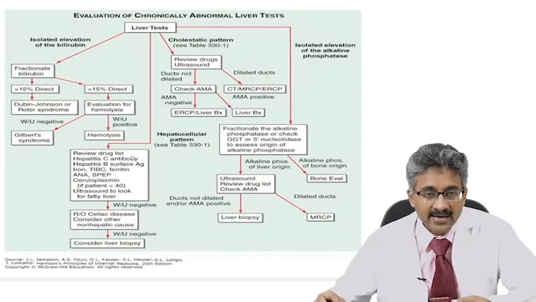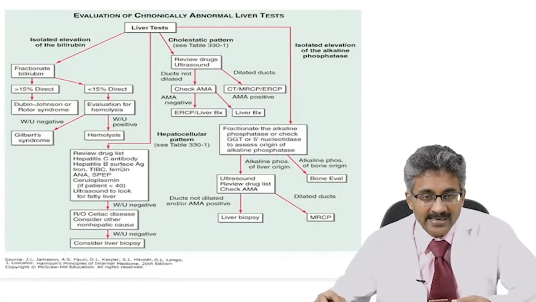So you see the drugs, viral etiology, iron and TIBC for hemochromatosis, ANA for autoimmune hepatitis, ceruloplasmin for Wilson disease. Then if workup is negative, you will think of celiac disease, another non-hepatic condition, and if the workup is still negative, you will do a liver biopsy.